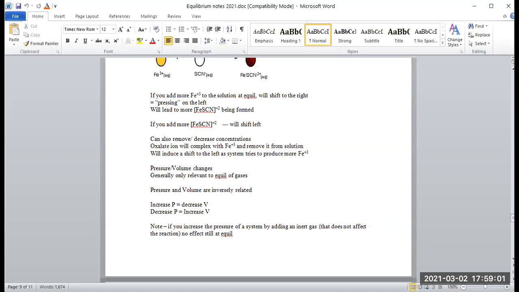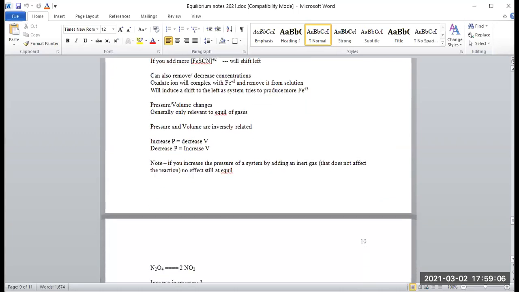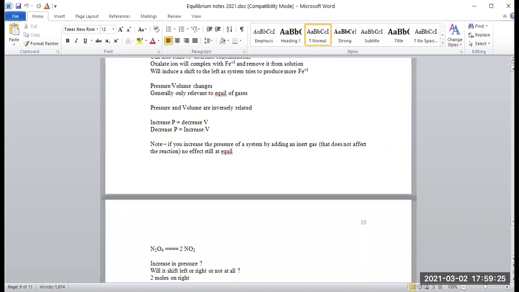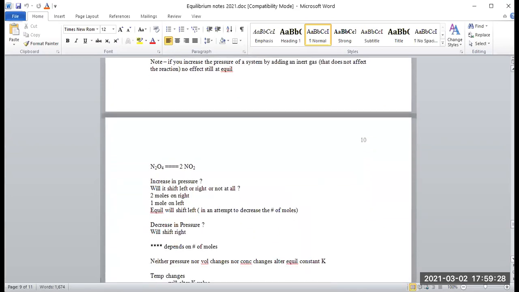Now, there is a variant on this where you increase the pressure, but you did so by, maybe, adding krypton, which doesn't really react with anything and doesn't really have anything to do with the reaction. It actually wouldn't create an effect. You have to think about what you are adding, and here's another piece to the puzzle: what are your coefficients?